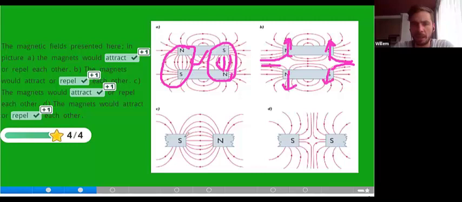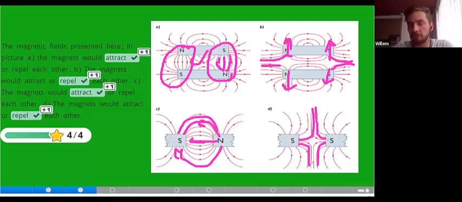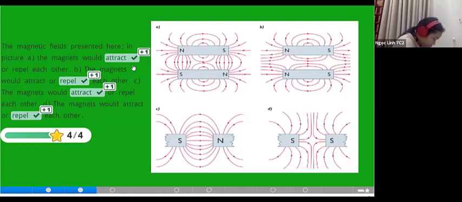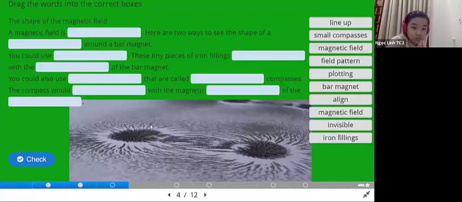And here you can see the magnetic field lines pulling towards each other, so it will attract. And here you can see the magnetic field lines pushing away from each other. They do not interact, so we say it repels.